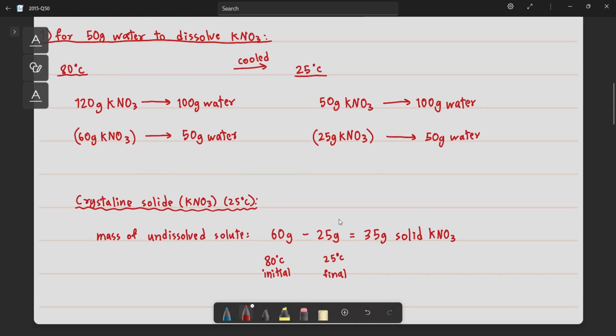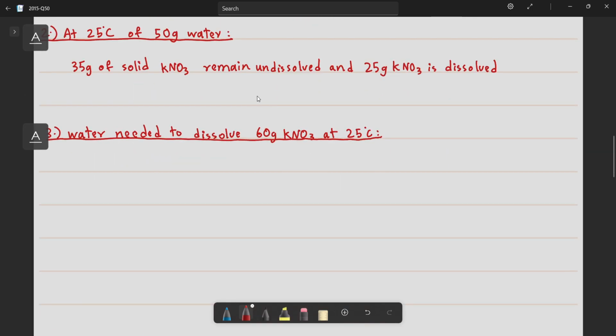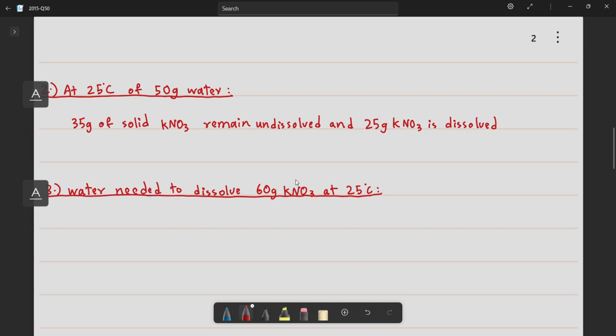Initially at 80 degrees Celsius, we had 60 gram of potassium nitrate in the 50 gram of water, and then it was cooled down, which we had only 25 gram of potassium nitrate dissolved in this 50 gram of water. So meaning we have 60 gram of potassium nitrate as an initial amount.